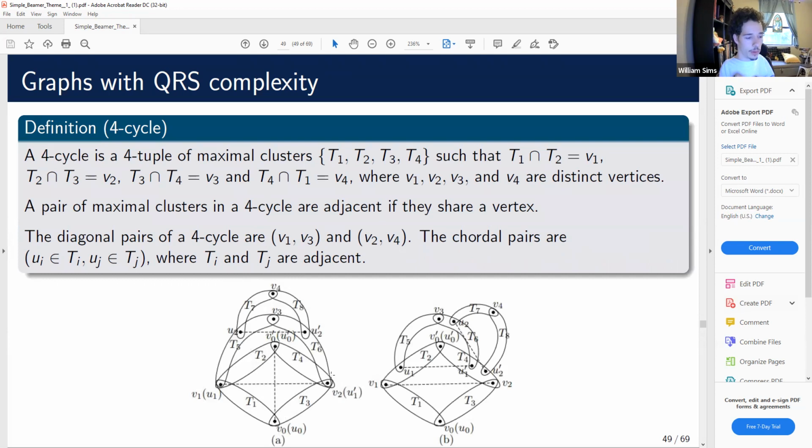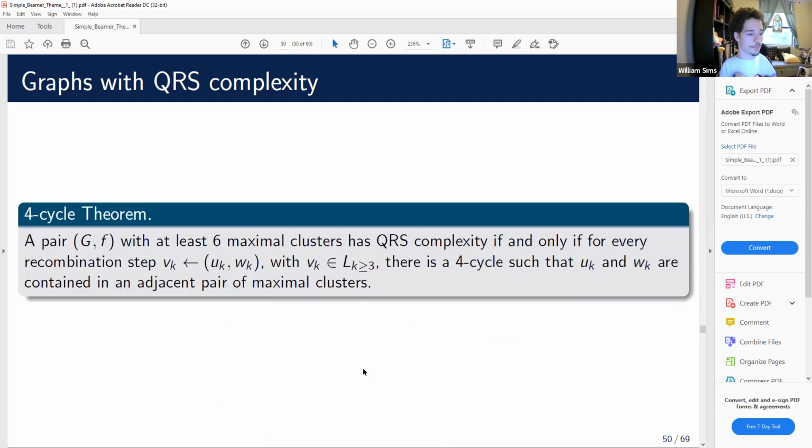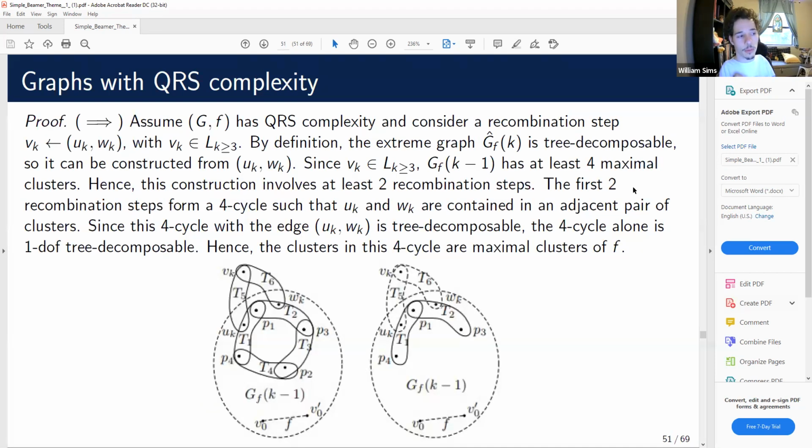So here I'm taking V1 and V2 to be my base non-edge. We have to have this construction step, T2 and T4, to get us a level 1 vertex, then T5 and T6 to get us a level 2 vertex, and finally one more to get us a level 3 vertex. So in this case, we only need 3 construction steps to get here. So in the graph that we get by just performing the first 2 construction steps, we have 4 clusters, which is true here, right? And this isn't just an example. You can say this abstractly. So we know that we have at least 4 maximal clusters to work with.